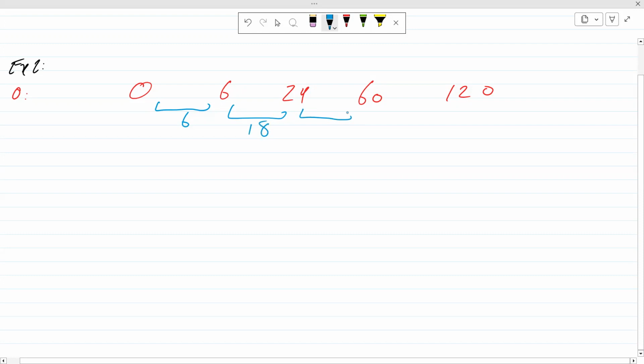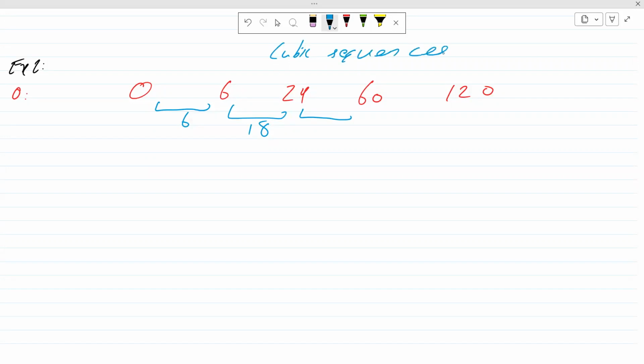It's not becoming constant. But here we are learning about cubic sequences. This is example 2. So first difference is not the same.